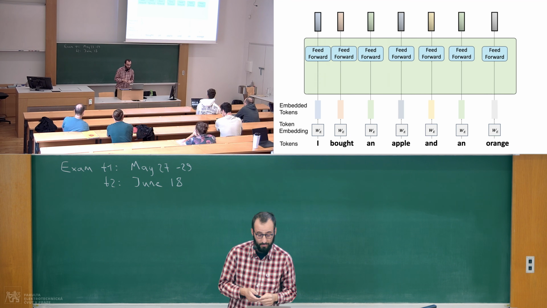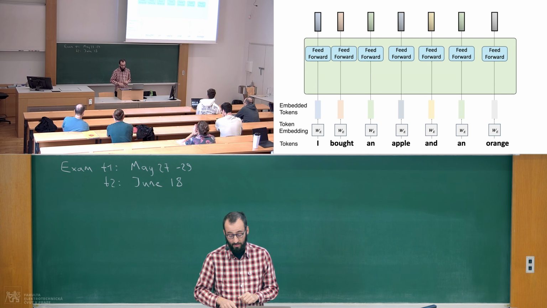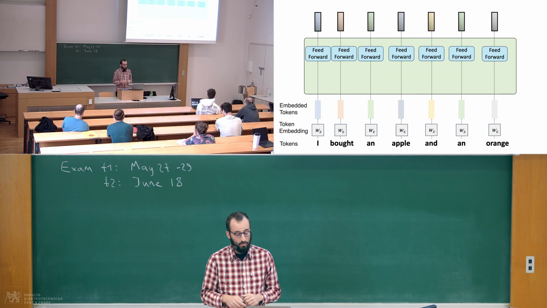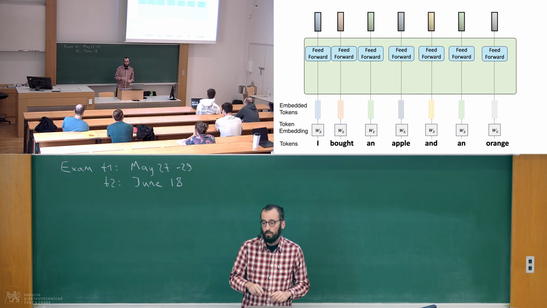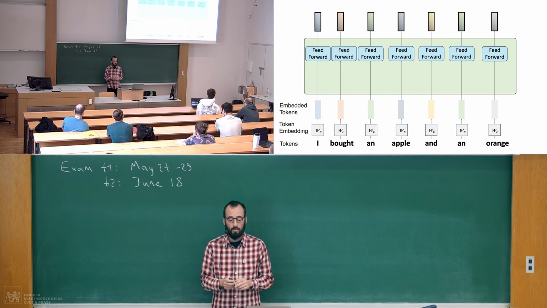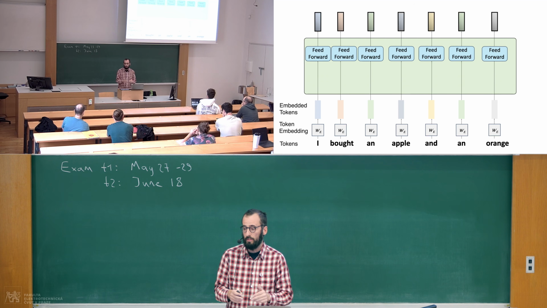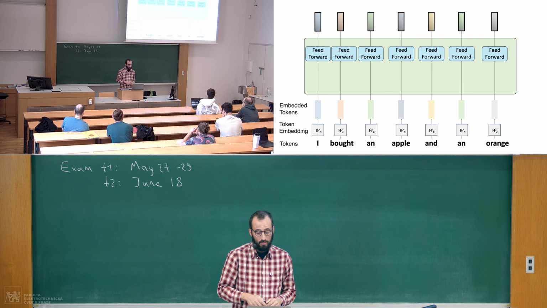We start simple, not by yet looking at what transformers do, but with a feed-forward network. This term in transformers is typically used for a module that processes one vector independently at a time. So that should be a multi-layer perceptron. Typically when we say feed-forward, we mean a multi-layer perceptron in today's lecture.